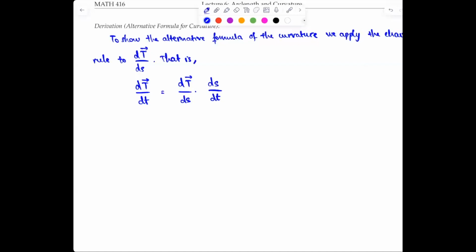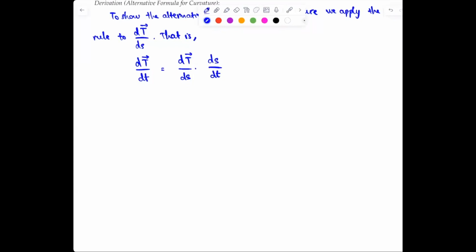So this is calculus one. Now what I'm going to do is rearrange this formula so that I can solve for dT/ds. Now dT/ds is equal to dT/dt divided by ds/dt. You okay with this rearrangement?